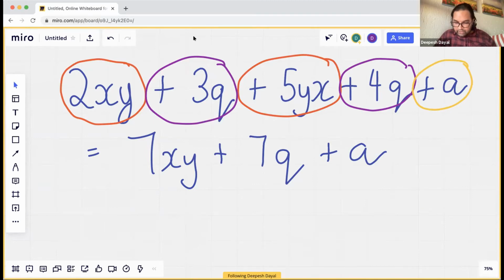And then we've got 3q, and 3 plus 4 is 7q together. So 2 plus 5 gives 7xy, and 3 and 4 gives you 7q. The q's go together, the 3 and the 4, and the xy's go together, the 2 and the 5. And then the a is on its own, right?